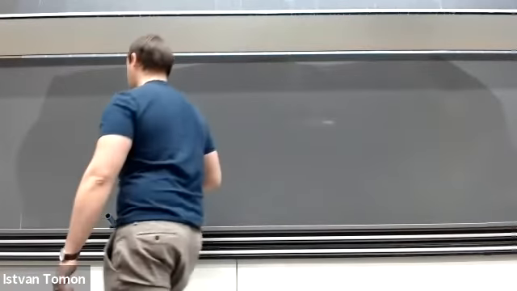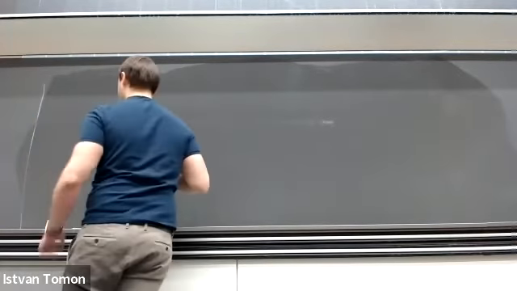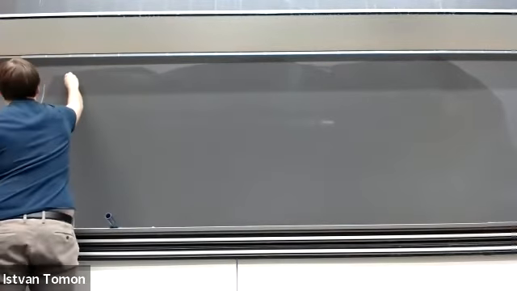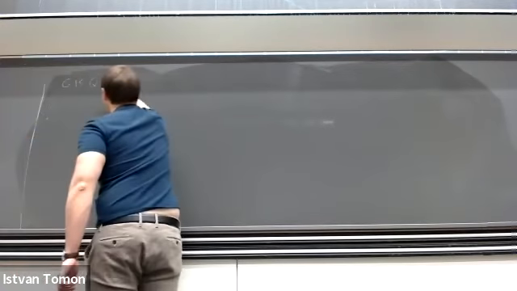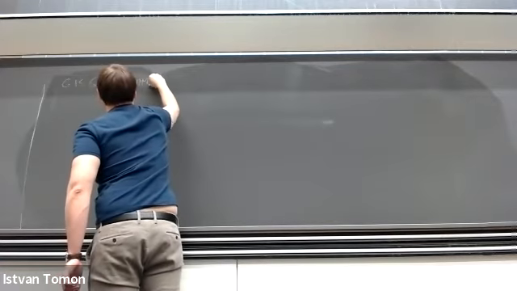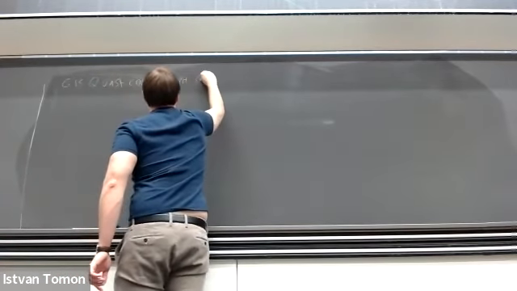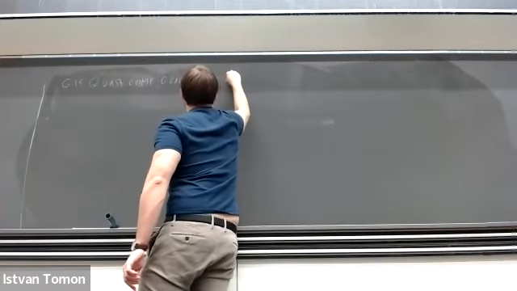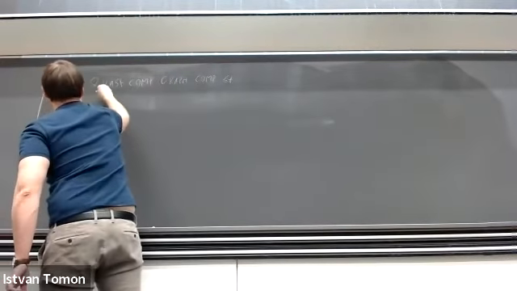So now let me just rewrite the definition of a quasi-comparability graph. So G is a quasi-comparability graph with complexity t.